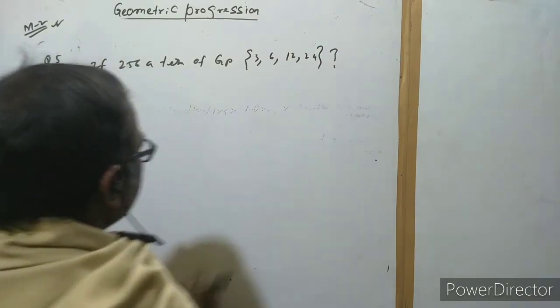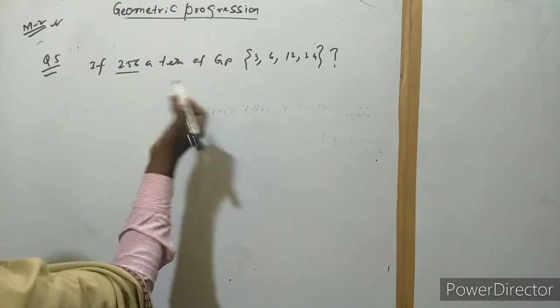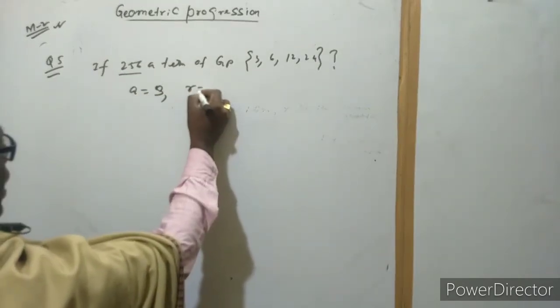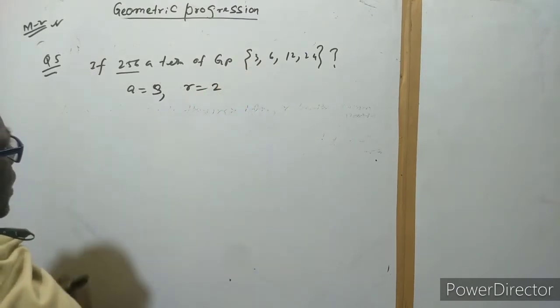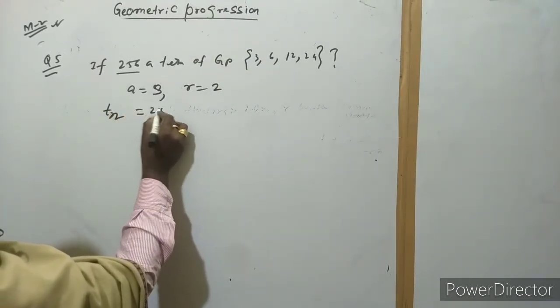This is the question asked. Now let us assume this is the nth term. Then a is the first term, and r we have by division is 2. So now let us assume this is the nth term, that is your 256.